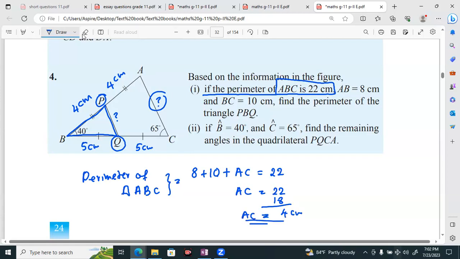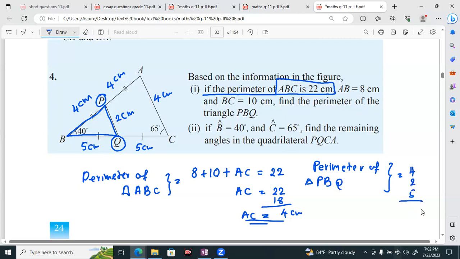AC equals 4 centimeters. So we can find PQ. It is half of AC by the midpoint theorem. It is 2 centimeters. Then the perimeter of triangle PBQ equals 4 plus 2 plus 5.